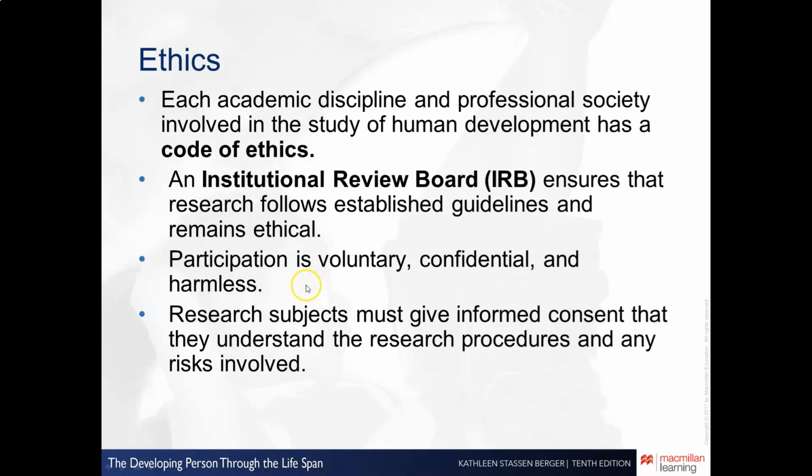For one, participation needs to be voluntary, confidential, and harmless. Researchers can't cause harm to participants. Also, research subjects must receive informed consent, meaning they understand the research procedures and any risks involved. So they basically just need to be given a heads up on what the research is about.